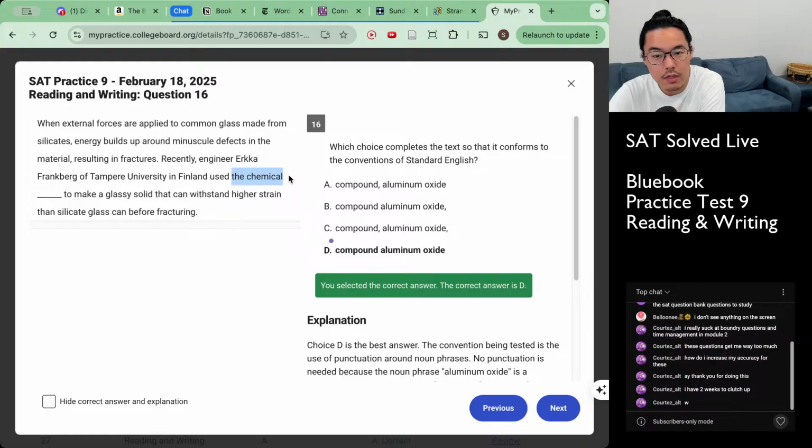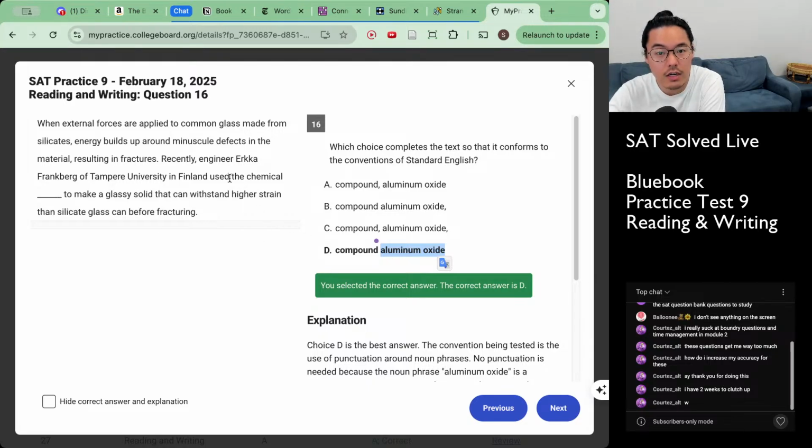But then the chemical compound aluminum oxide, the chemical compound, that could be considered a title for the aluminum oxide. This is just describing what this is. The chemical compound aluminum oxide, the high school student Cortez Alt, right? That would just be your title. So you don't need commas for that title.